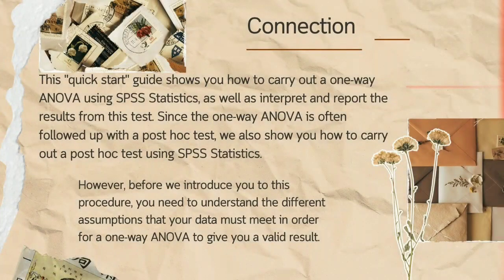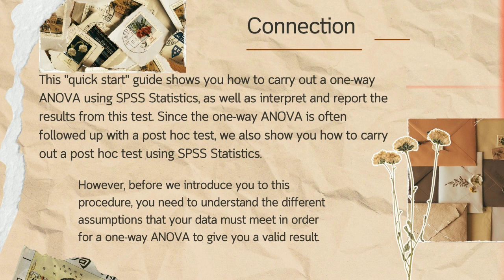And next, introduction. This quick start guide shows you how to carry out a one-way ANOVA using SPSS Statistics, as well as interpret and report the results from this test.